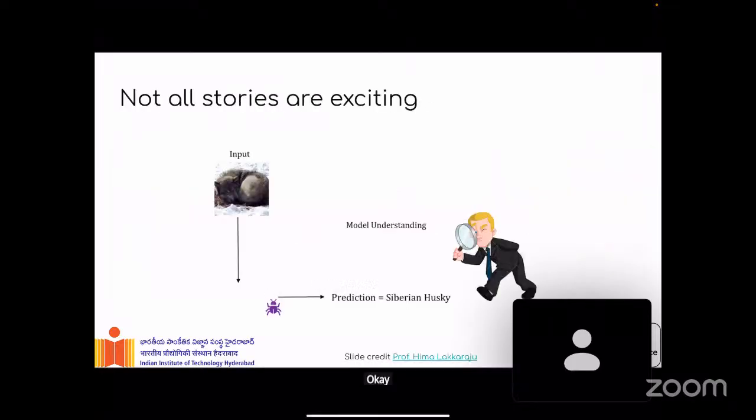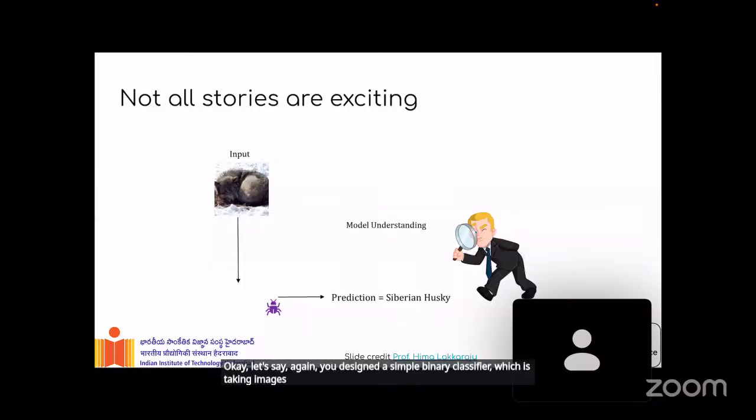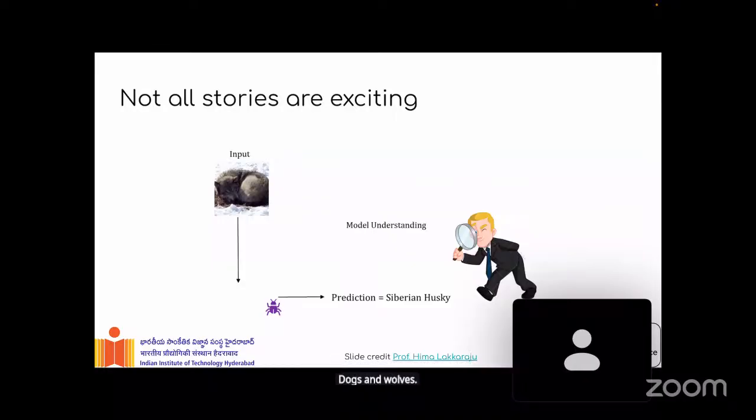Now let's talk about where this explainability comes into the picture. Let's say again you designed a simple binary classifier which takes images of dogs and wolves and classifies each as either a dog or a wolf. In particular, the Siberian Husky is a dog breed which looks very similar to wolves.